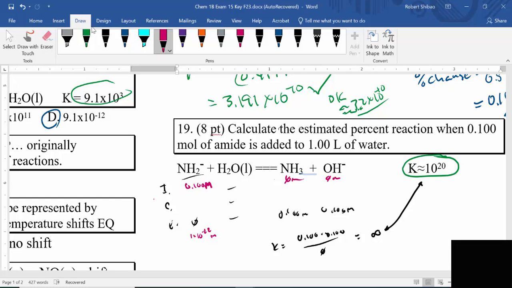But the problem is it depends on what you use to compute your x. If you didn't reset this, then your calculator is going to round x to 0.100. And so we'll go 0.100 minus 0.100 gives us 0.